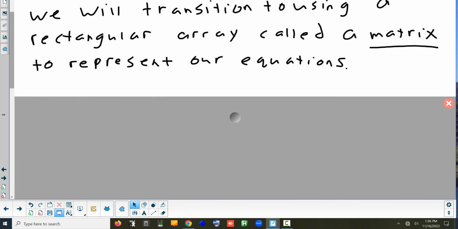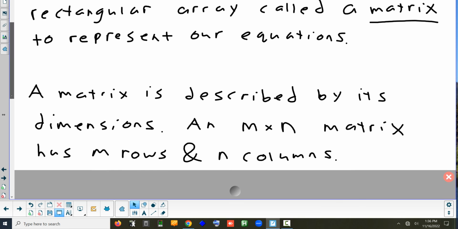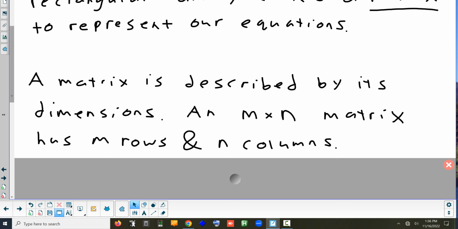So you can think of a matrix. It's not really anything fancy. It's just numbers that are organized into rows and columns. That's all it is. The way you generally describe a matrix, like if you want to say how big it is, you say how many rows it has and how many columns it has.